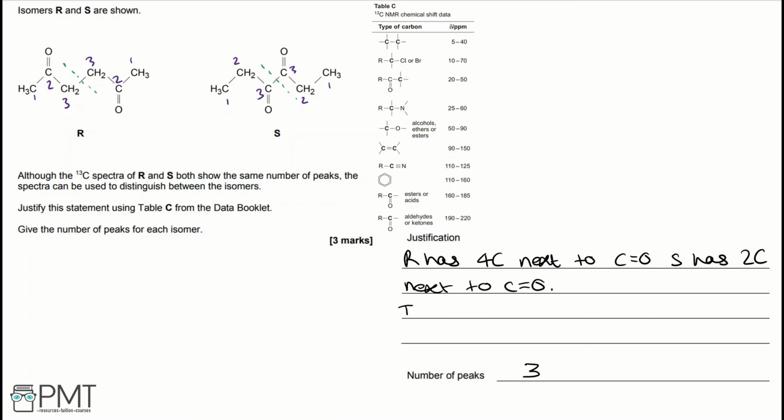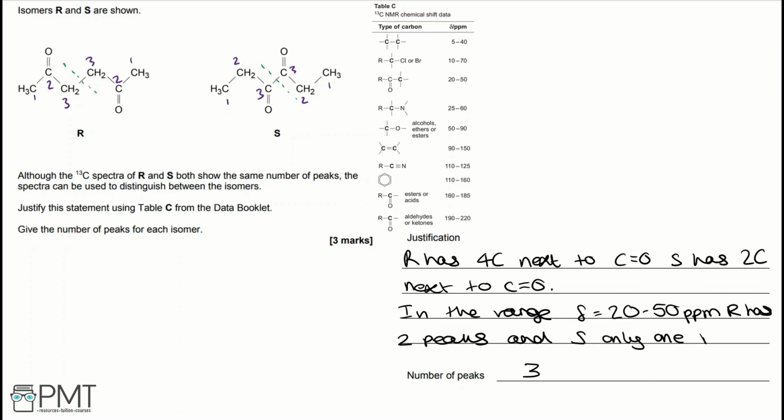Also, in the range of 20 to 50 ppm, R will have 2 peaks and S will only have 1. So 20 to 50 is just how many carbons are next to this carbonyl group. So to get the 3 marks for this question, you get 2 marks for the justification, 1 for each sentence, and then 1 for the number of peaks.